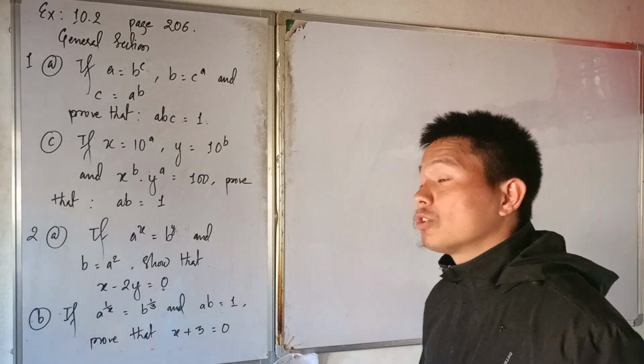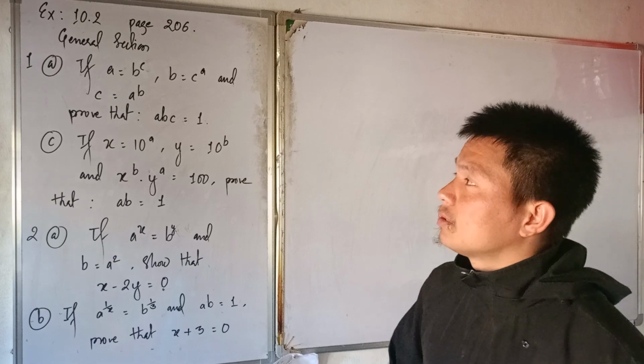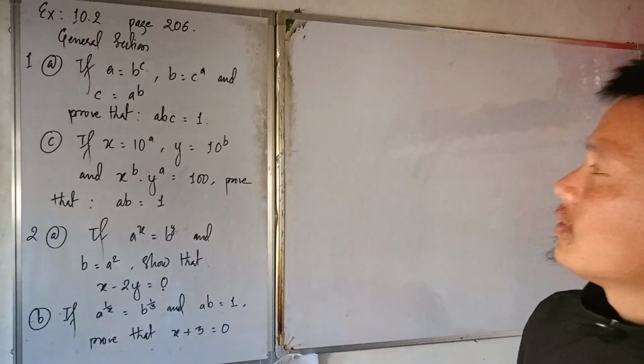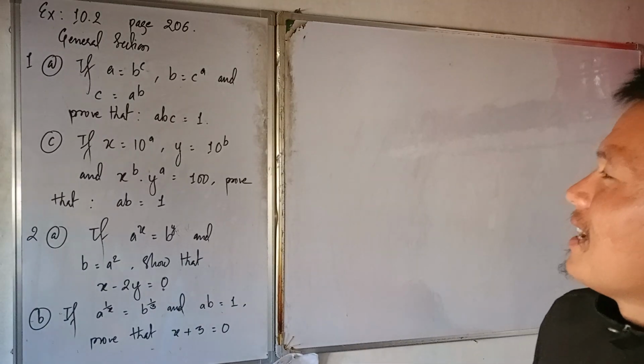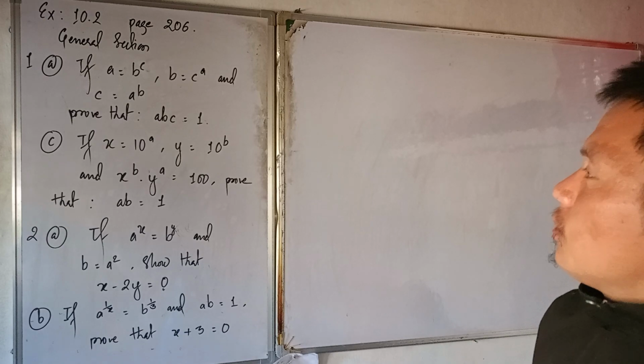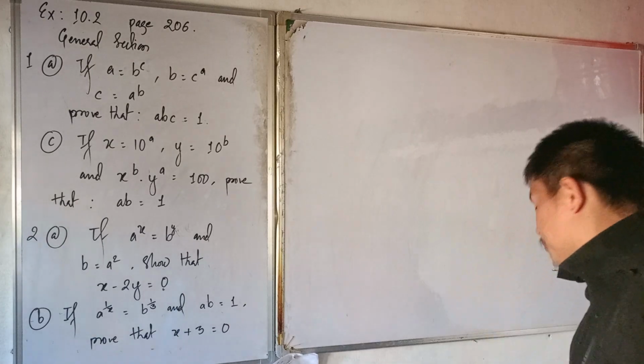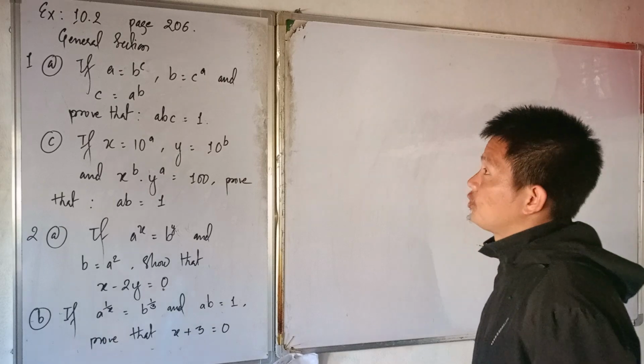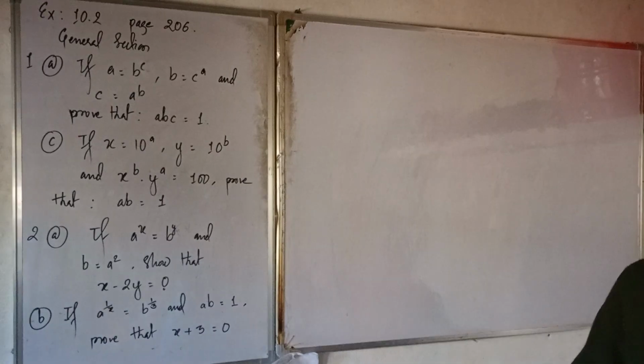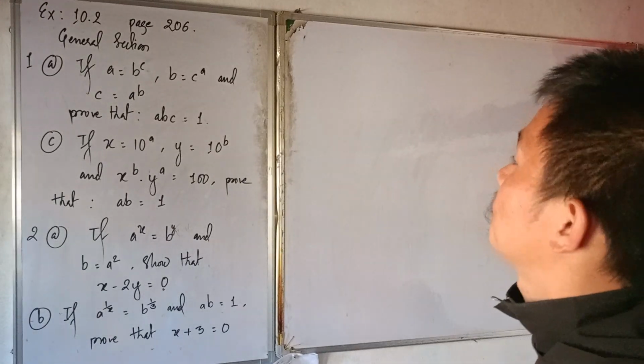In other words, it is also the laws of indices that we'll be using in this chapter. This is the Vedanta exercise 10.2. Now, without further delay, let's move on to the 1a questions.